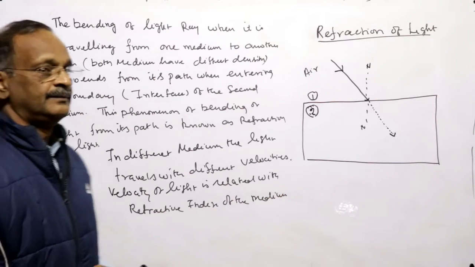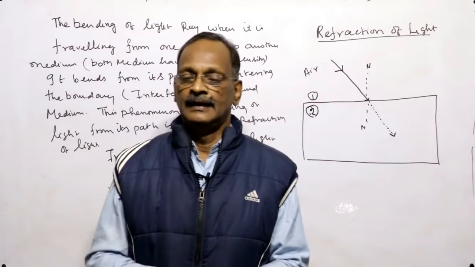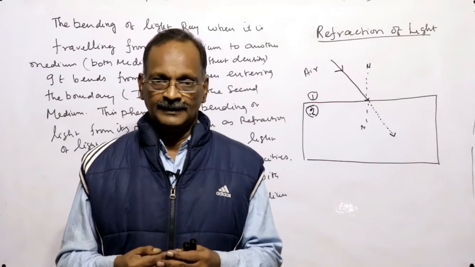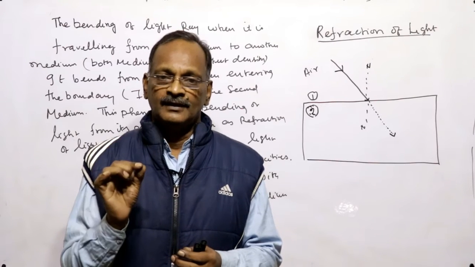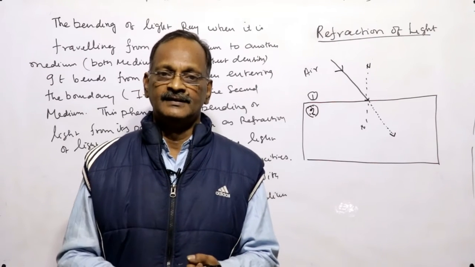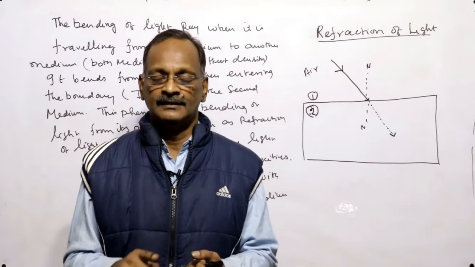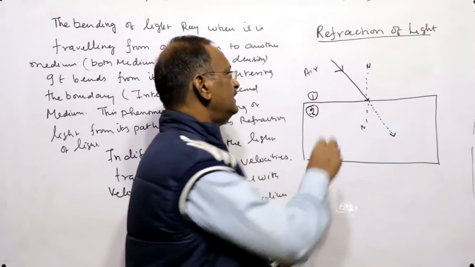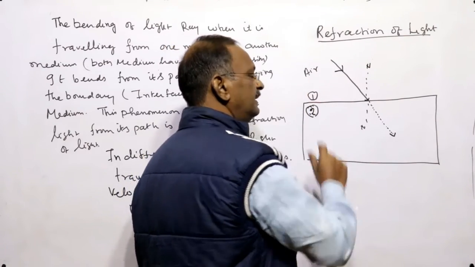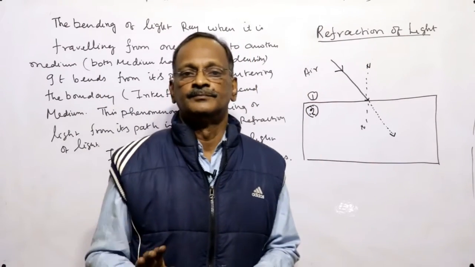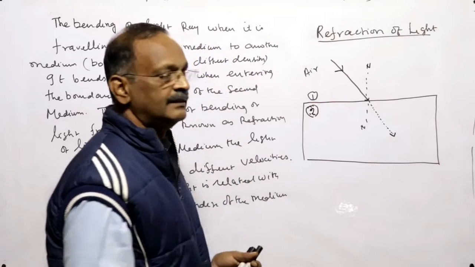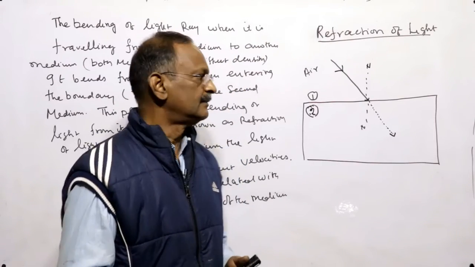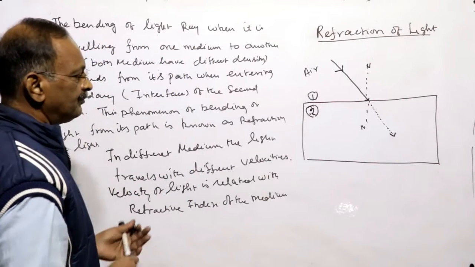When light travels from one medium to another, both having different density, its velocity changes and its wavelength changes, but one thing certainly does not change, that is its frequency. The frequency depends upon the source producing the light, so frequency never changes, whatever medium it passes through.